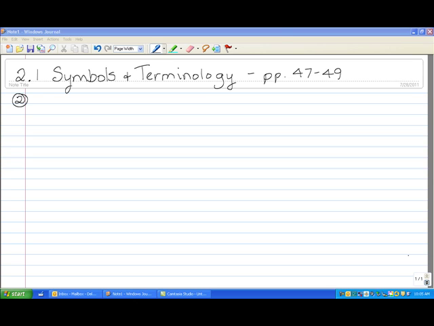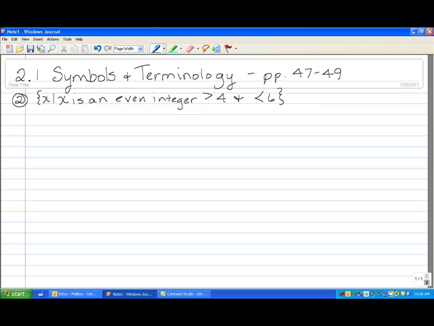And we'll begin with number 2. Number 2 says the set of all x such that x is an even integer greater than 4 and less than 6.